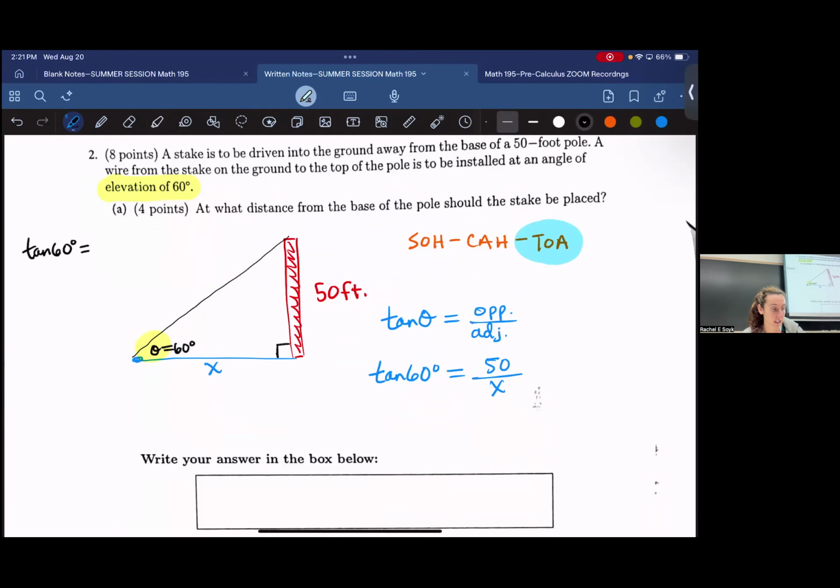Tan of 60 is the same as sine of 60 over cosine of 60, which is square root of 3 over 2 divided by 1/2, which gives you just the square root of 3. So now what we can do is we can substitute in that square root of 3 for tan of 60.